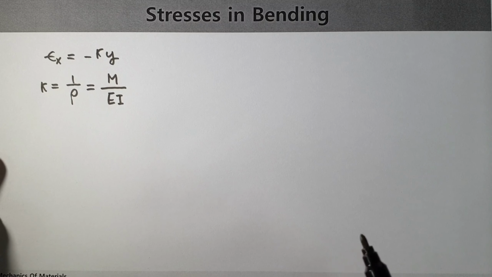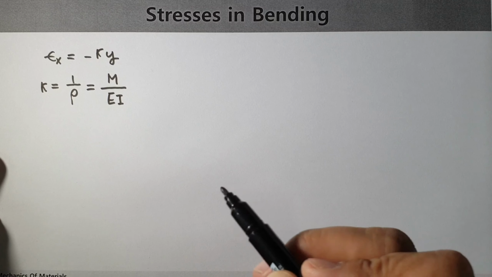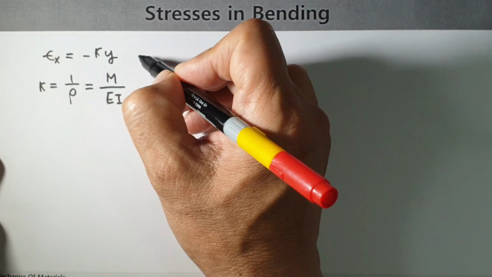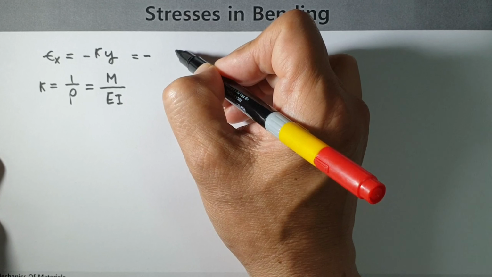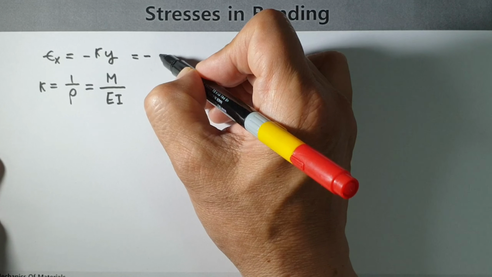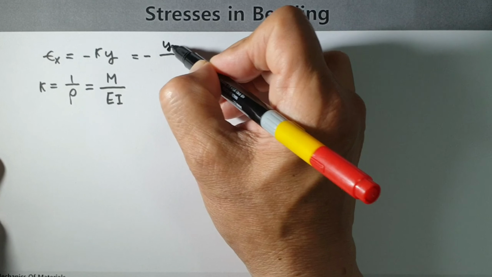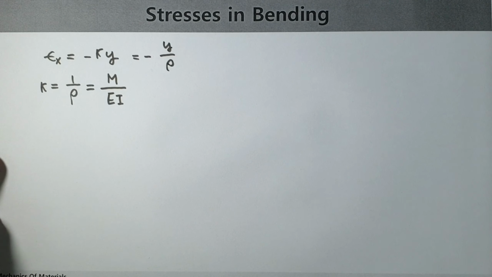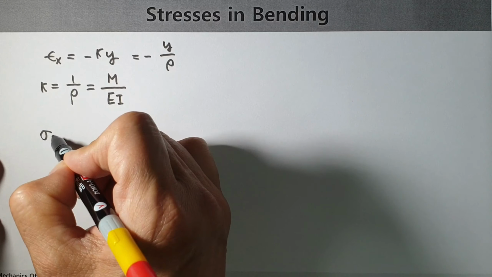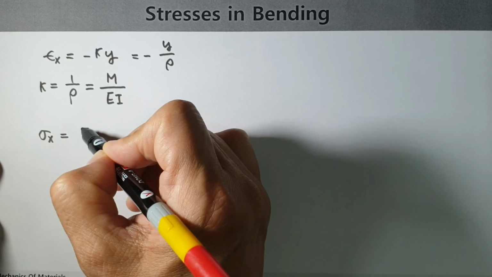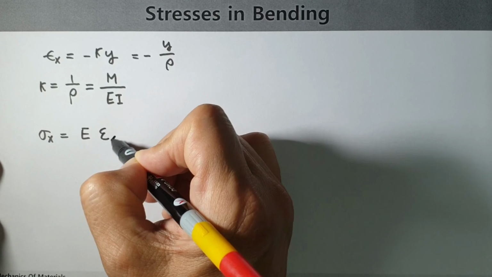And when you extend this one, then kappa is what? 1 over rho, and that's why minus y over rho is available. Epsilon x is derived by minus y over rho, and normally sigma x equals E epsilon x.